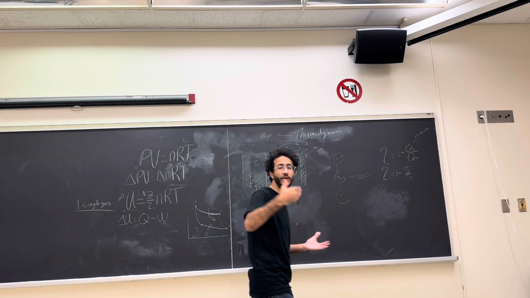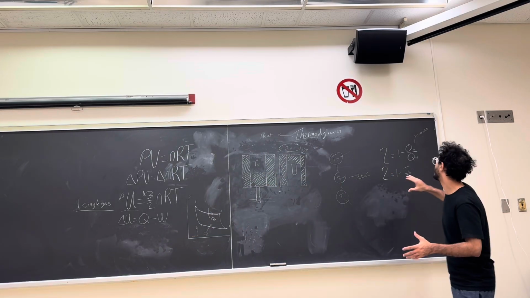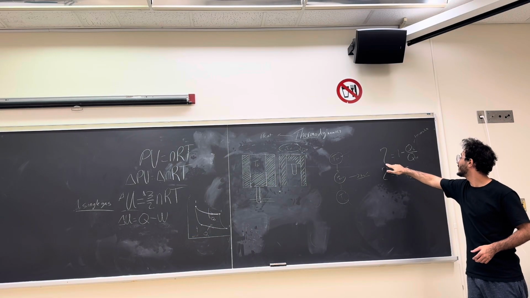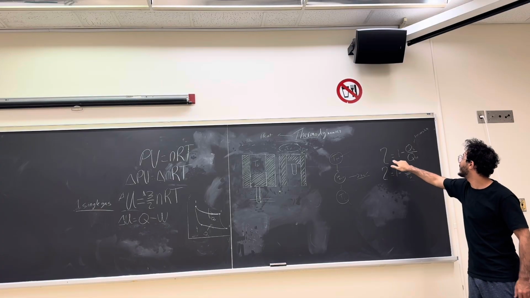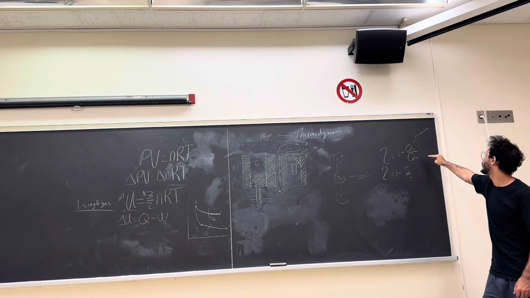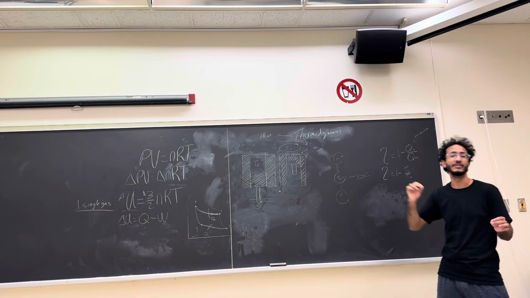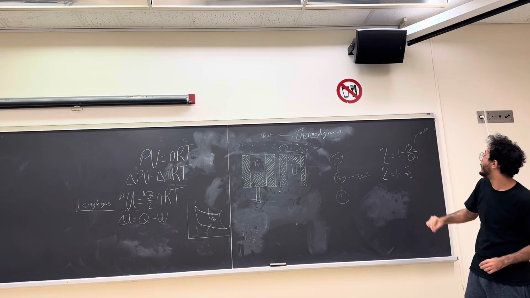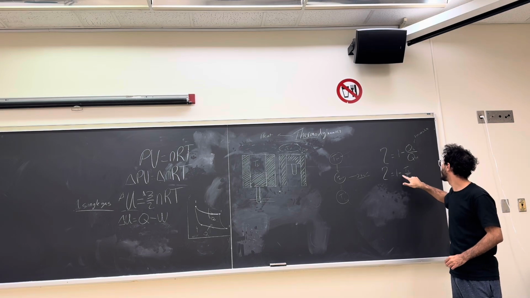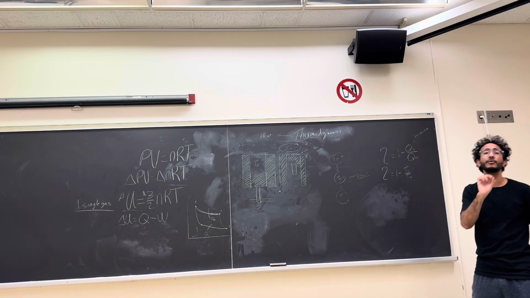Now that we understand Carnot's engine, we are going to look at its functions. The first function: the efficiency of a heat engine is equal to 1 minus QL over QH. This is for reversible and irreversible engines, perfect and imperfect engines. But the function 1 minus TL over TH is only for perfect engines.